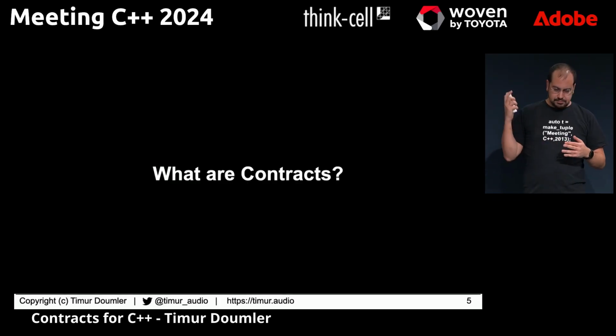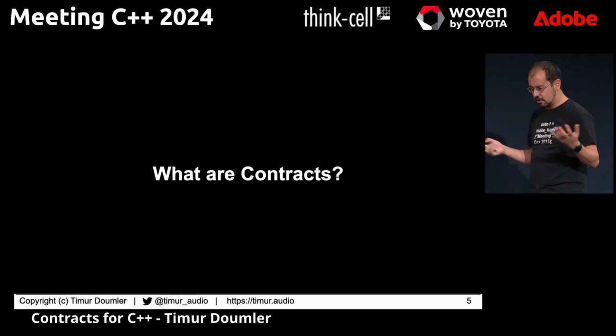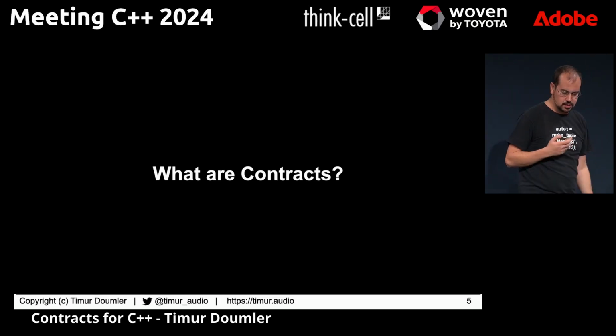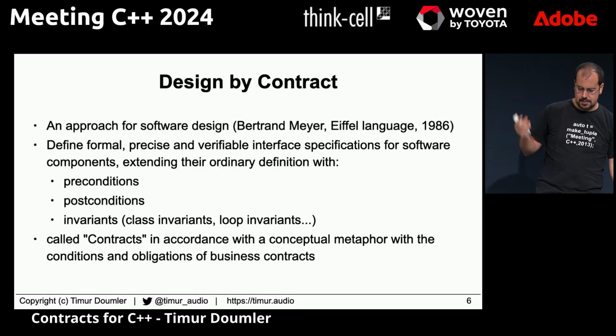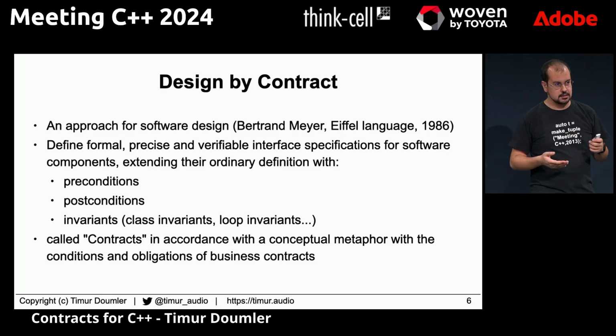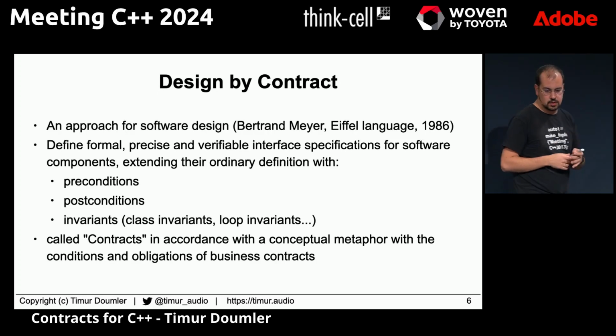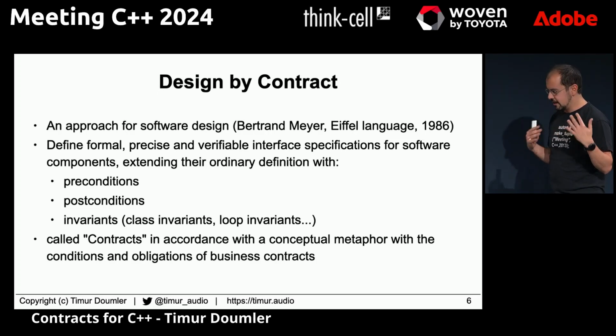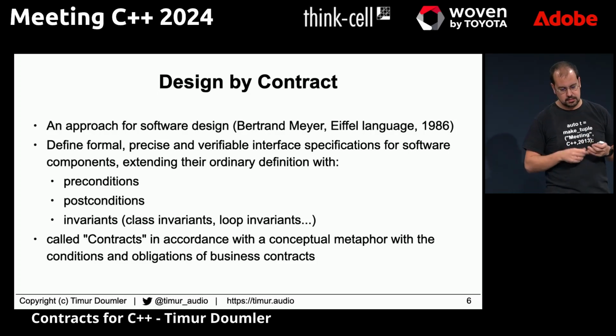Well, that is linked to the question, what are contracts? The concept of contract itself is actually a lot older than even this first proposal from 20 years ago. In fact, the concept of design by contract was introduced by Bertrand Meyer back in 1986. So that's almost four decades ago. It's an approach for software design which he developed together with his language Eiffel, which was released around that time as well.